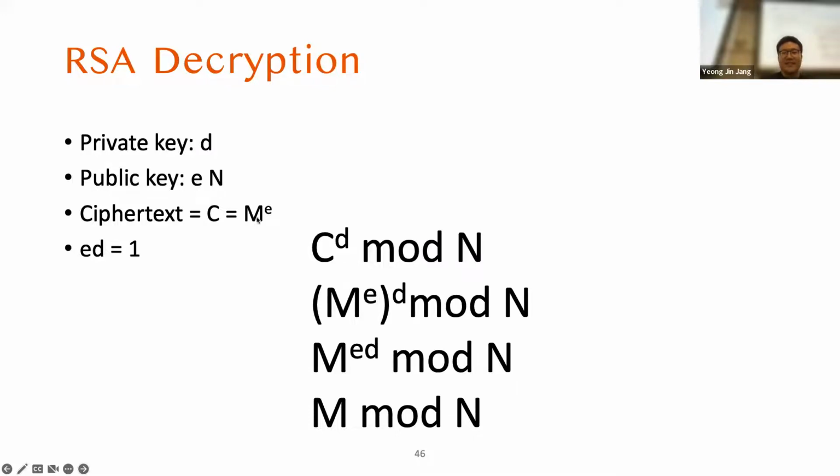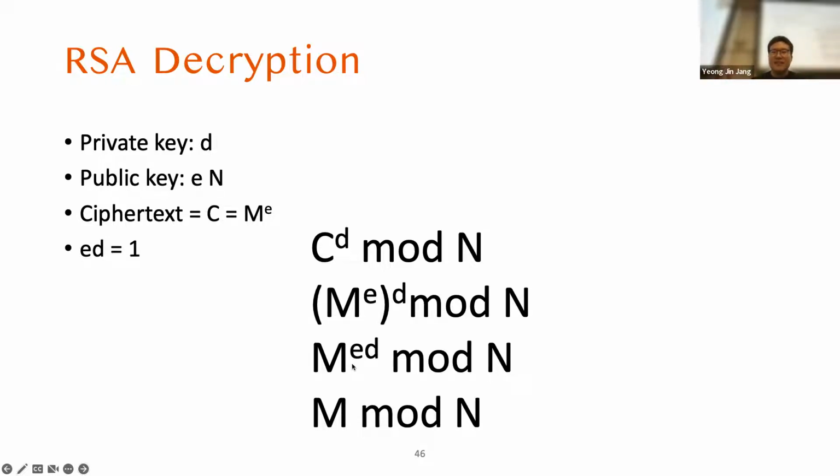So the ciphertext is M to the E. Then for decryption, for the ciphertext, we apply the power operation with D. So C is M to the E, and then that to the D, which internally becomes M to the power E times D. And we make E multiplied by D be 1 in this modular operation. So that's why we can decrypt the data.